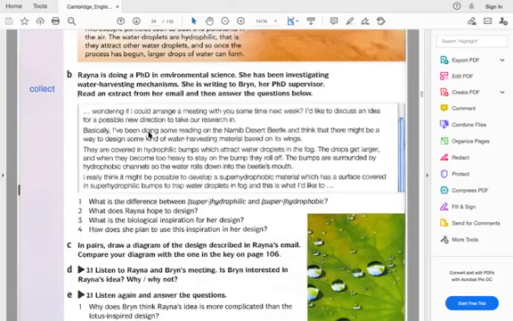Basically, I've been doing some reading on the Namib desert beetle and think that there might be a way to design some kind of water harvesting material based on its wing, right? Now, Raina is writing an email to Brian. She is doing a research and she finds a new direction.